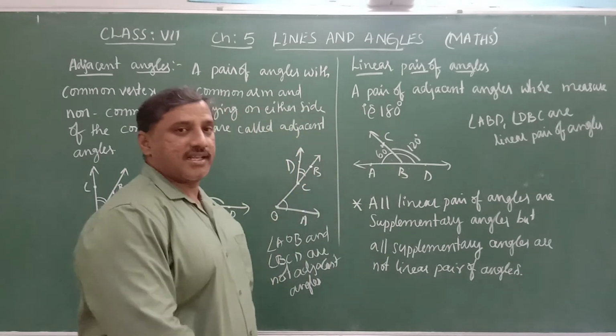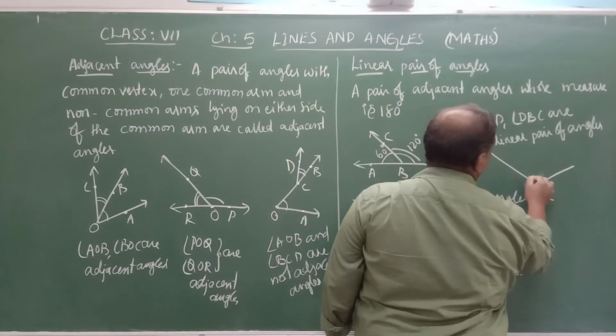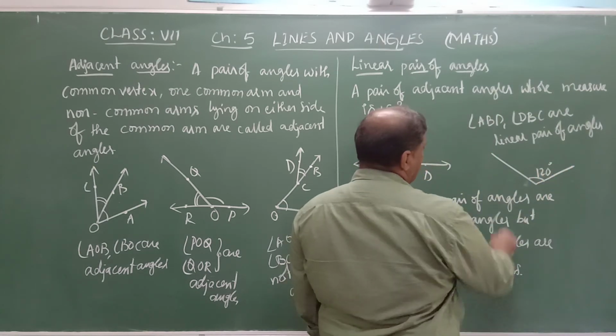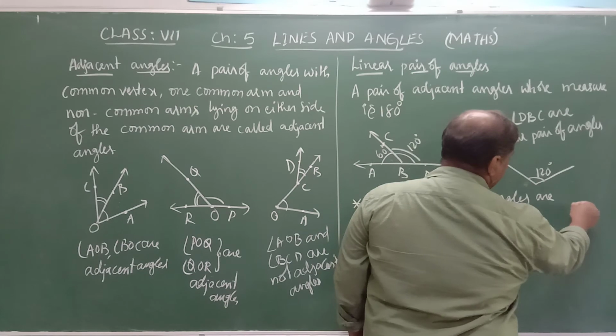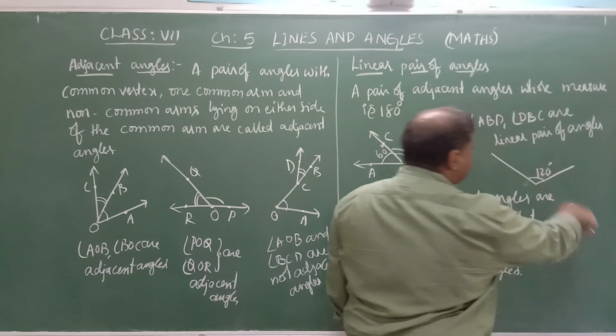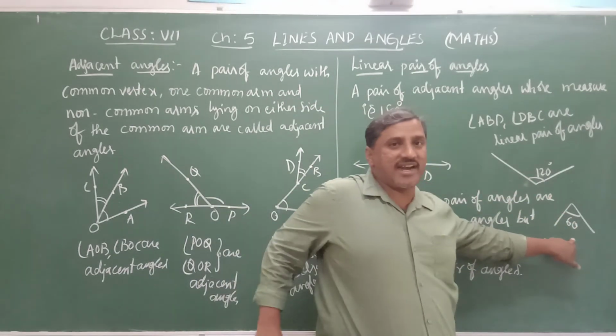Why? A small example. See here, this is 120 degrees, and I will draw another one as 60 degrees. Now the sum of these two angles is what? 180 degrees. 120 plus 60 is 180 degrees.